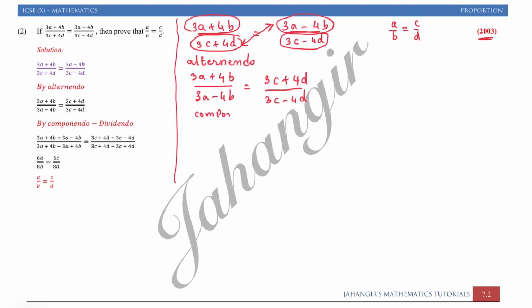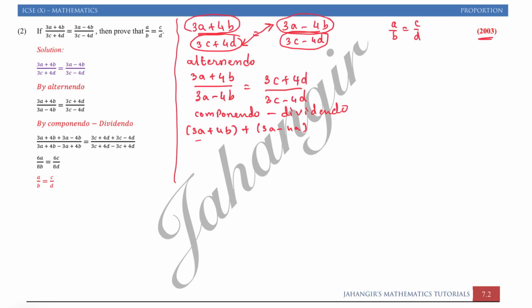Hope you know now componendo and dividendo. In componendo we add numerator plus denominator: (3a plus 4b) plus (3a minus 4b).